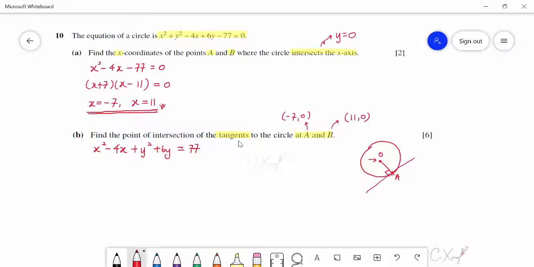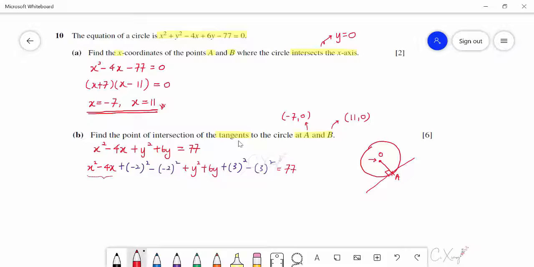To get the center, I need to complete the square for both x and y. For x, I add and subtract -2 squared. The same for y: y squared plus 6y, plus 3 squared minus 3 squared, equals 77.